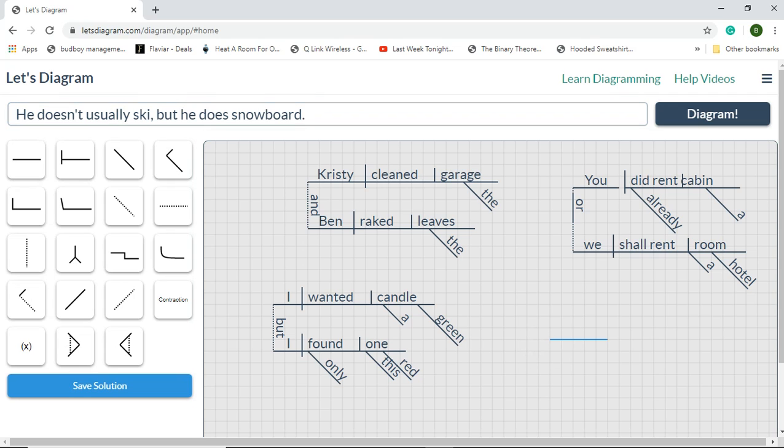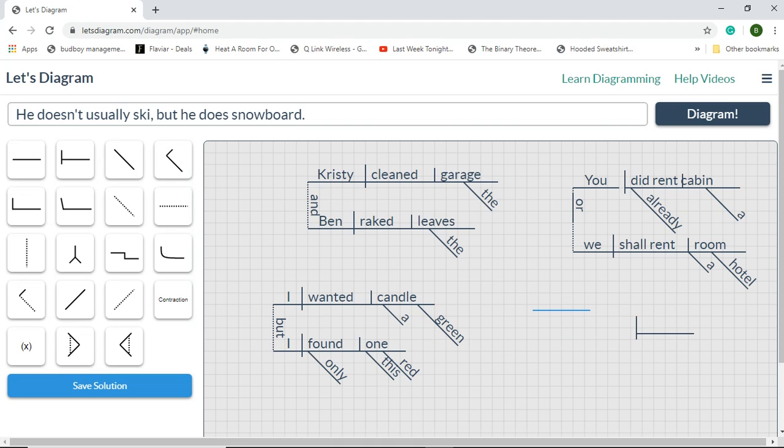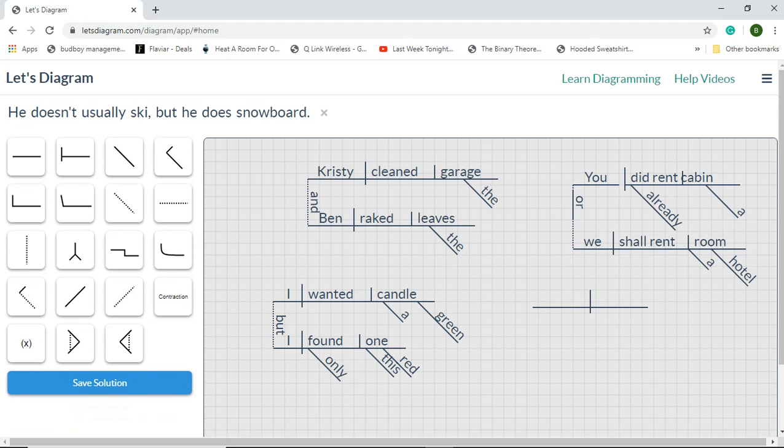So let's find it in our first clause. The first clause is he doesn't usually ski. Right? That could be a whole sentence. So they're called compound sentences. So take two sentences and put them together. Okay? So our subject here is he.